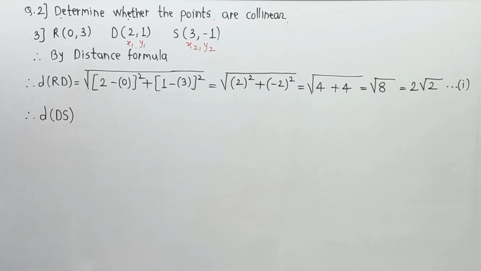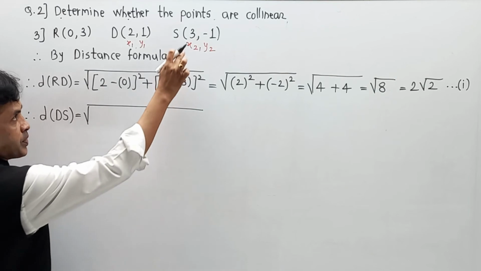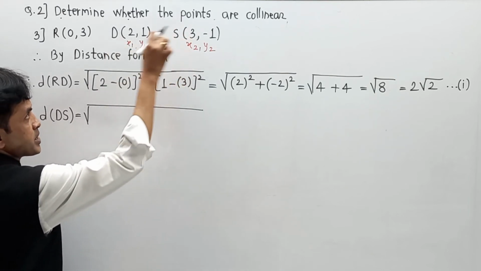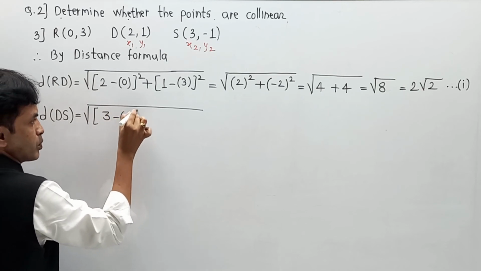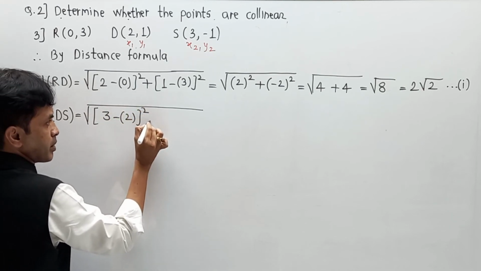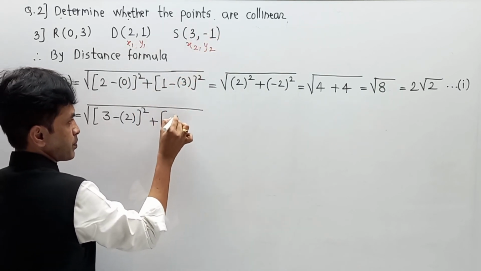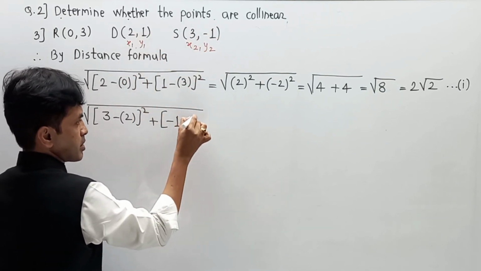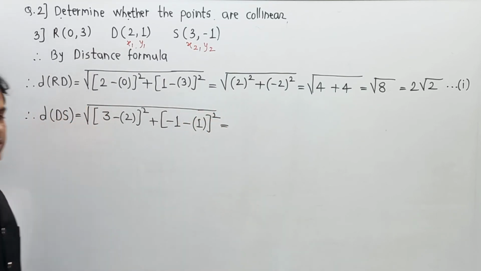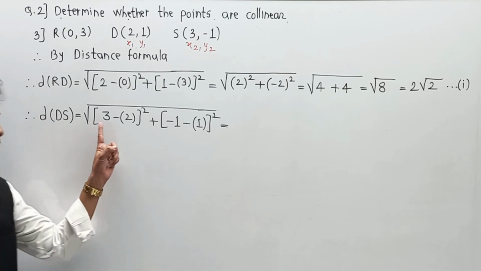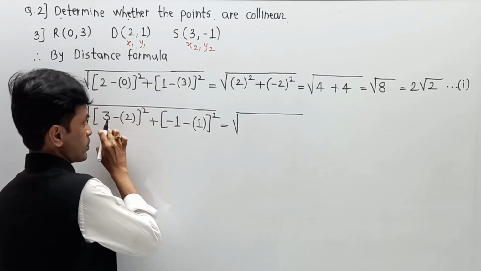Now simplification of that: it is equal to under root of x2 minus x1 bracket square, means 3 minus 2 bracket square, plus y2 minus y1, means minus 1 minus 1 bracket square. 3 minus 2 means 1, and minus 1 minus 1 becomes minus 2.